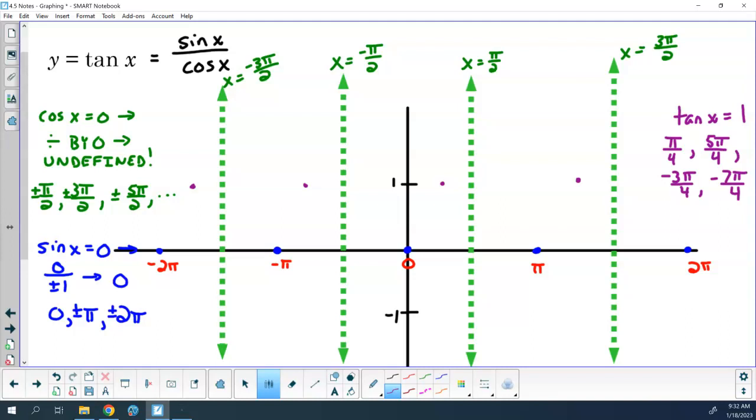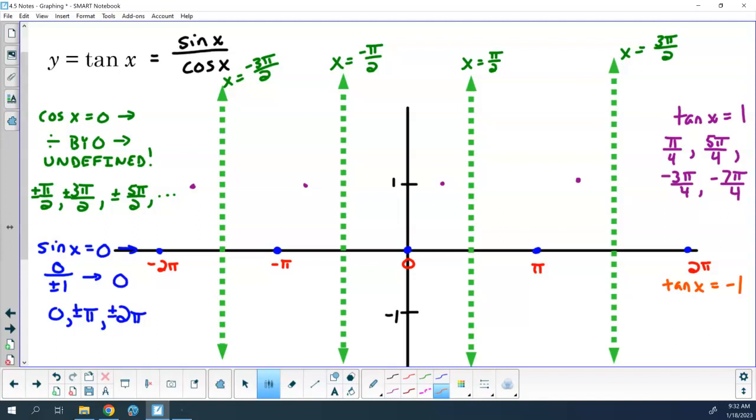And lastly, what's the next easiest value for tangent? Negative 1. So where would tangent be equal to negative 1? Can you just put the signs of those?